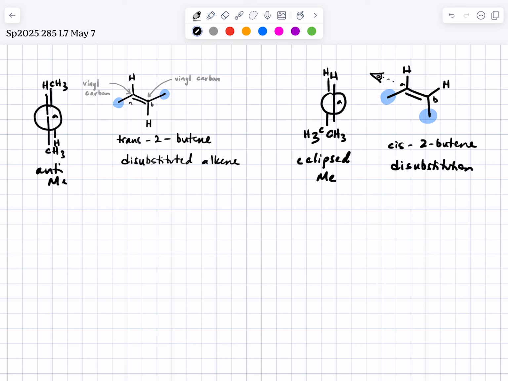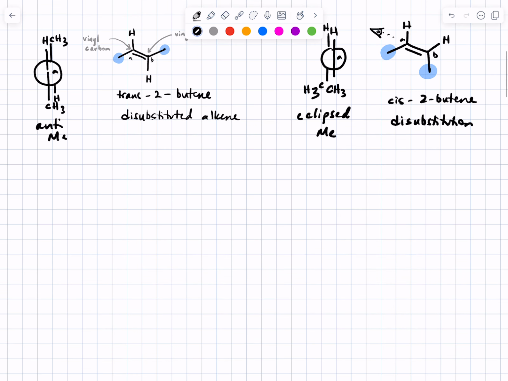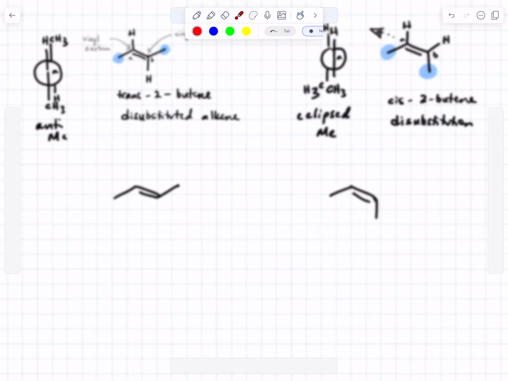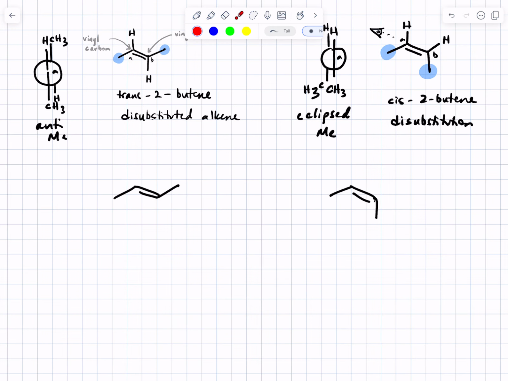No, I think it's just based on if I were to look at a skeletal molecule and determine if it's trans or cis. Yeah, if we drew this without the hydrogens, the trans-2-butene would look like that. The cis-2-butene would look like this. And so you'd look at where the non-hydrogen things are. If they're on opposite sides, that's trans. If they're on the same side, that's cis.